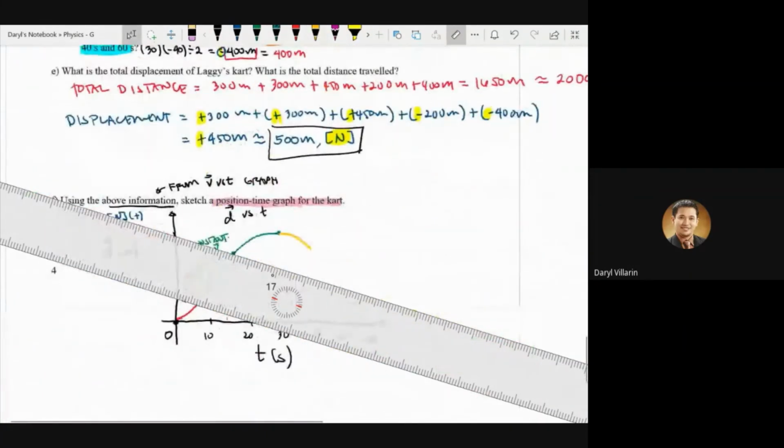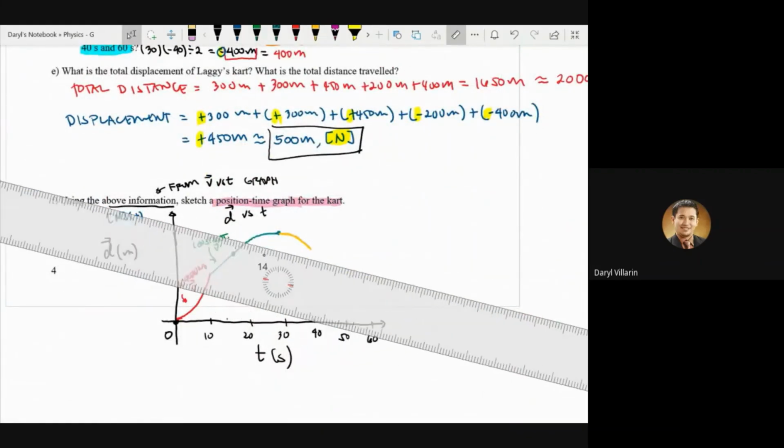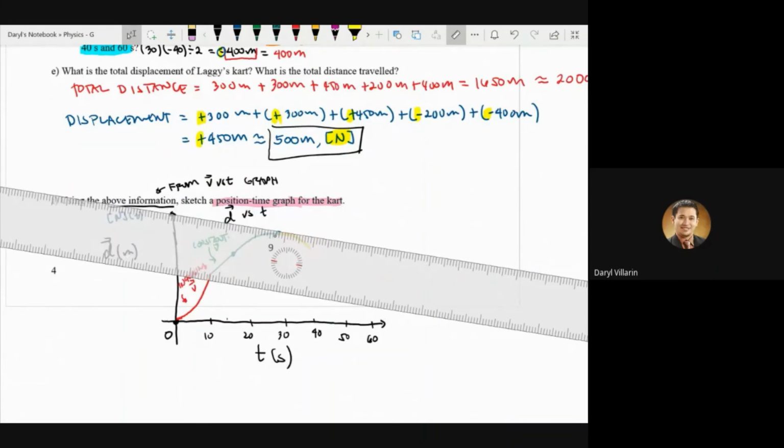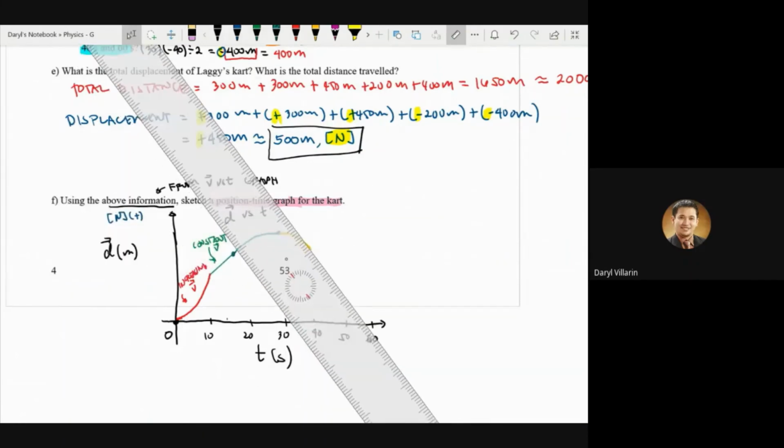So that means 31 seconds and so on and so forth, comparing. At 31 seconds, the instantaneous velocity would be something like that, and the magnitude of that would be less compared to the magnitude of the slope of something like this, right? So the slope of this is bigger.